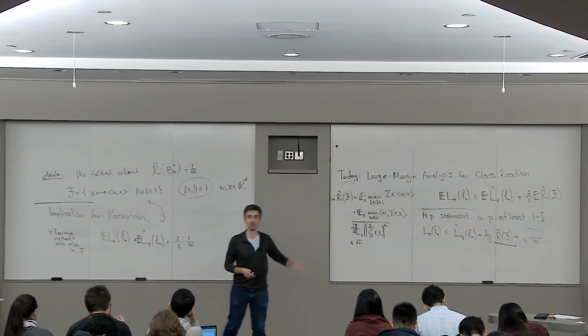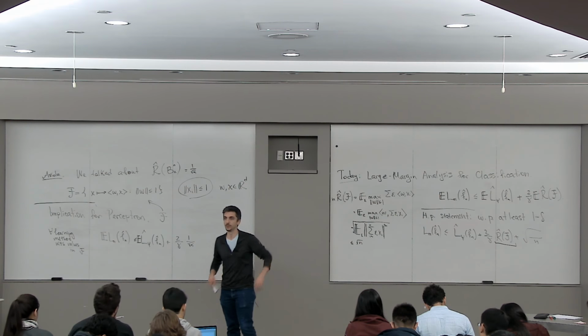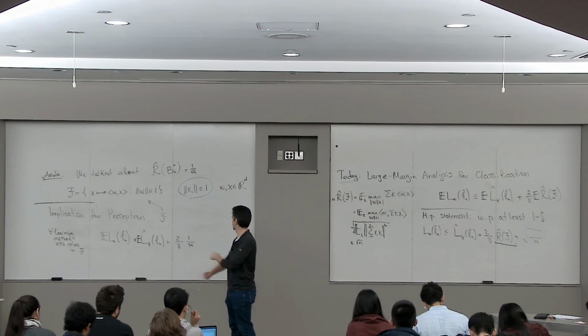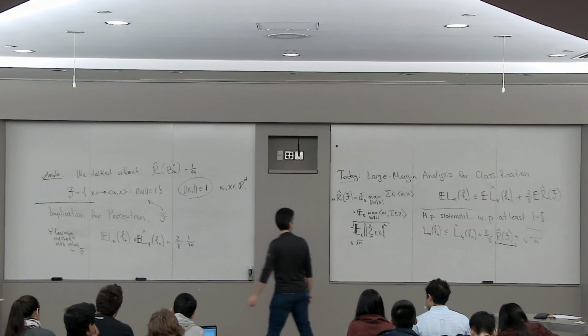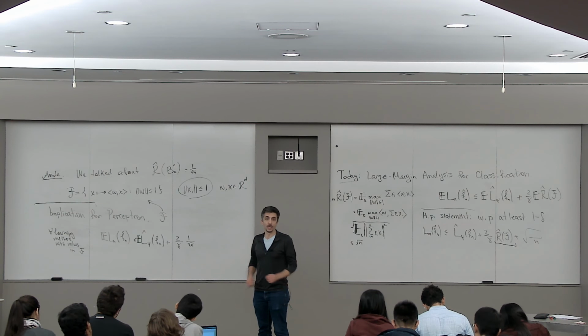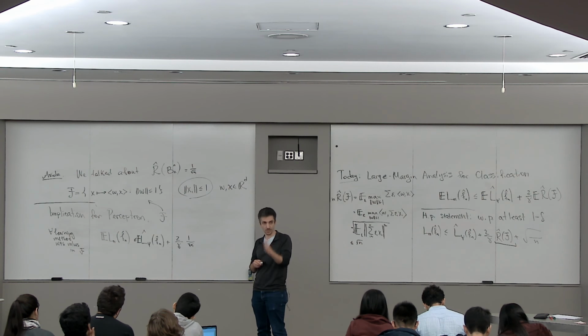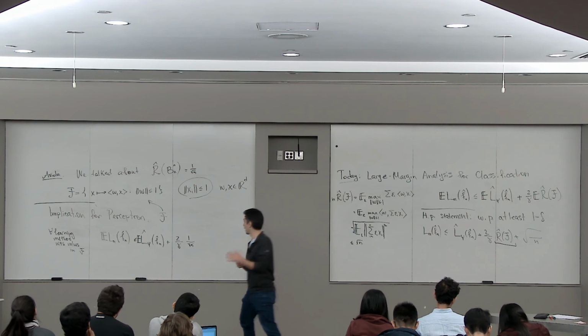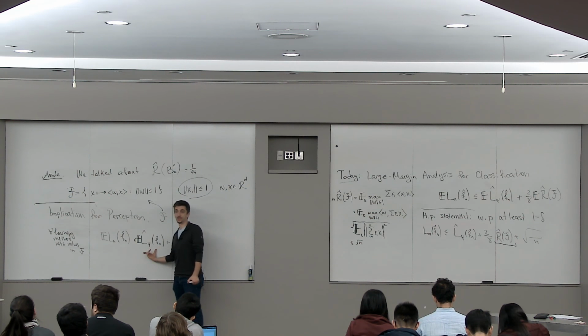But this high probability statement will also be true. Maybe it's better to write the high probability statement. Do we recover the perceptron result that we got in the first lecture? There it was separable, and therefore this was 0.